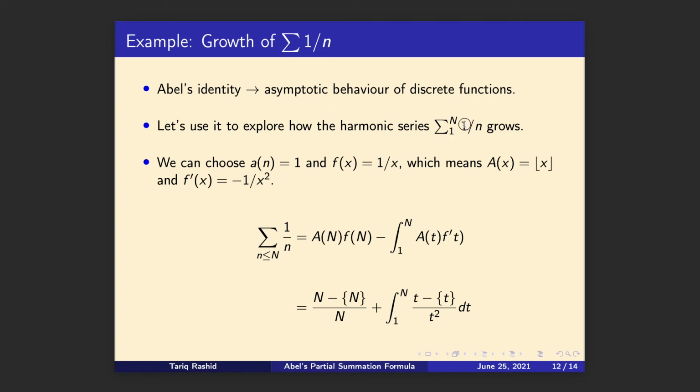So when we've got 1 over n as the series we want to explore, just remember our general object is an arithmetic function times a smooth function. We've got a_n and f(x), A(x) and f(x), a_n, f(n).